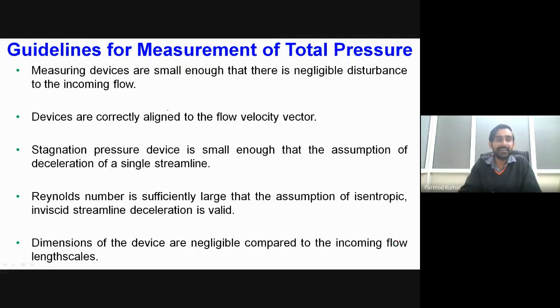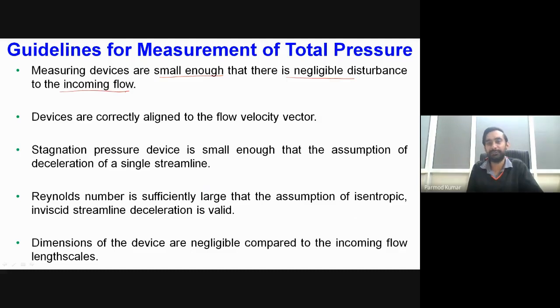Now, there are certain guidelines for measurement of total pressure. While installing the pitot tube, we have to follow certain guidelines so that our measurements of the total and static pressure are accurate, which finally gives us the value of the flow field. First, the measuring device should be small enough that there is negligible disturbance to the incoming flow.